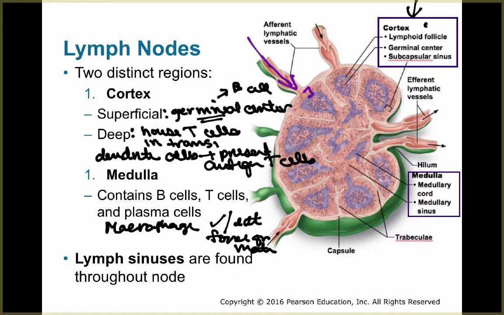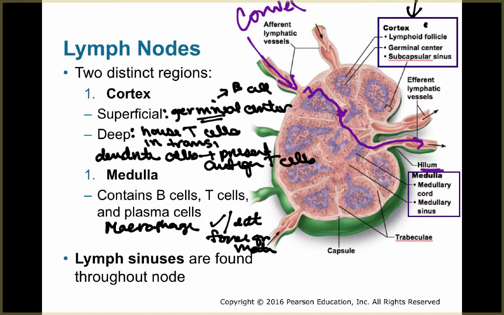It's going to go into smaller sinuses throughout the cortex and the medulla, into the medullary sinuses, and it's finally going to leave out through the efferent lymphatic vessels at the side of the hilum, right? So it enters in this convex side over here and goes through the lymph node as such.